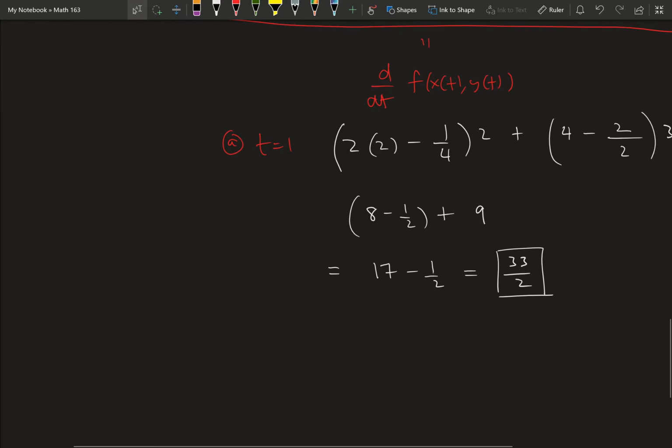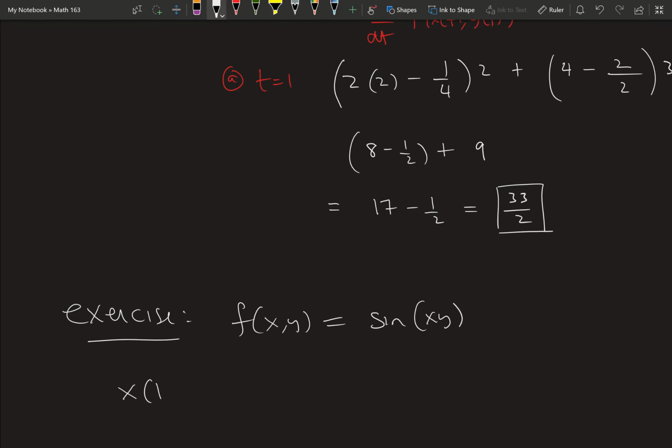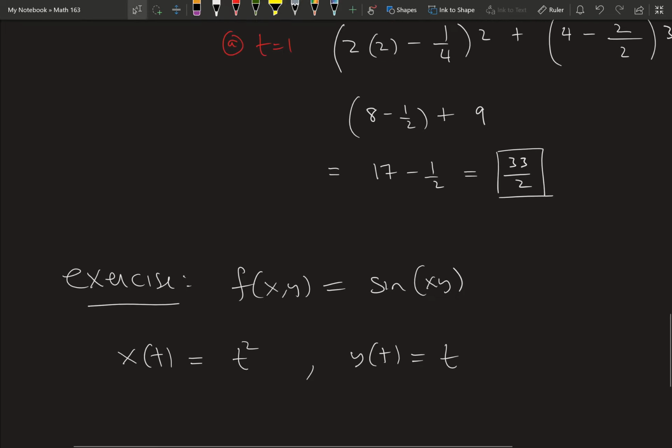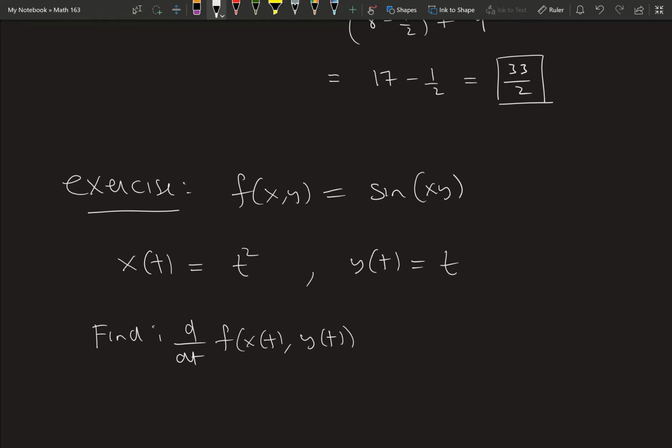Let me leave you here with a little exercise. So suppose f of xy is sine of xy, and x of t is t squared, y of t is t, and we want to find d by dt of f of x of t, y of t, in the general form.